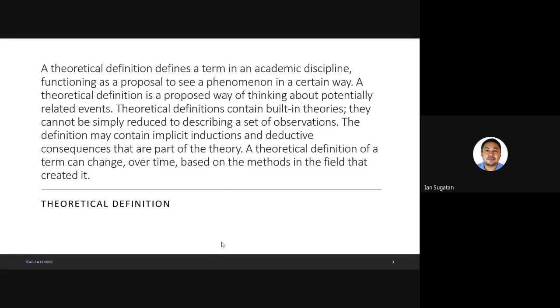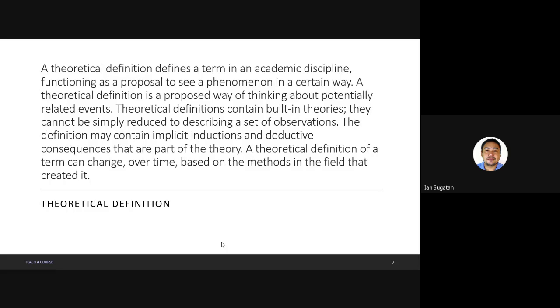So, for the theoretical definition, instead of the conceptual framework nga ginbalikan naton, it is said that the definition defines a term in an academic discipline, functioning as a proposal to see the phenomenon in a certain way. And a theoretical definition is a proposed way of thinking about potentially related events. So succeeding events, such as theoretical definition, contain theories.